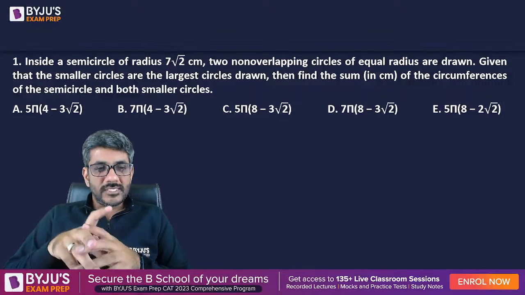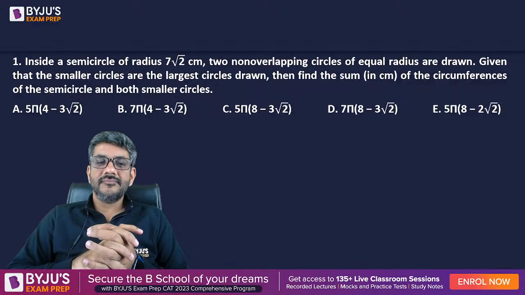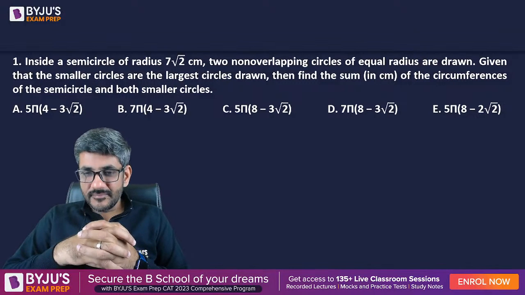Here is the first question. Inside a semicircle of radius 7 root 2 centimeters, two non-overlapping circles of equal radius are drawn.